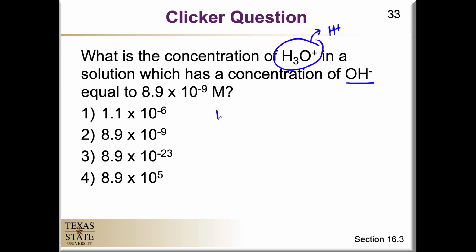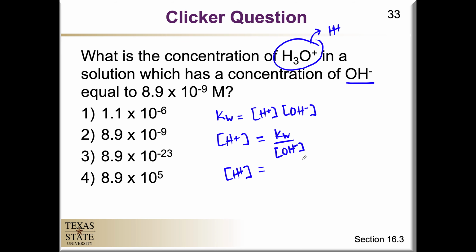Of course, to be able to solve for this, we have our equation of Kw is equal to H plus times the hydroxide ion concentration. In this particular case, we're going to solve for the H plus, which is what we're looking for, and that's going to be equal to Kw divided by the hydroxide ion concentration. That is equal to, actually, what temperature are we working at? Since we don't say, that means that we are working at 25 degrees Celsius.